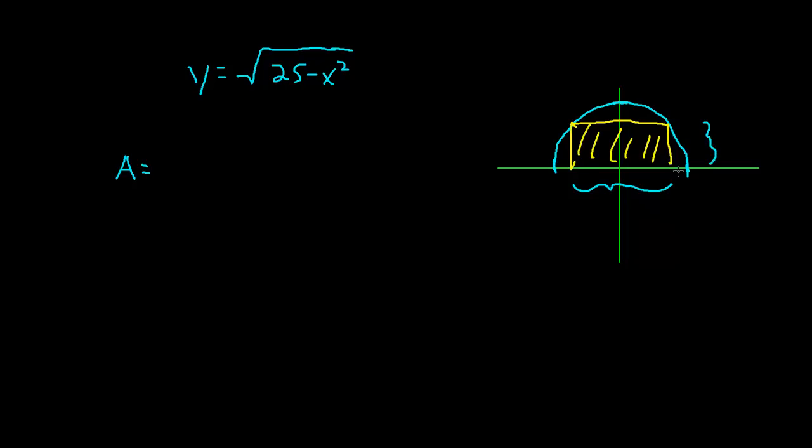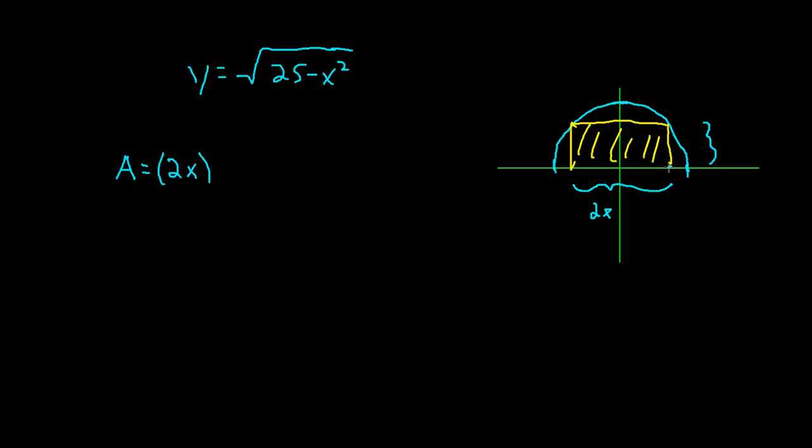Okay, well, what is this length? If this is the origin, and this is just some random point somewhere in between 0 and 5, then we can just call this x. And this distance is going to be the same, so this length is going to be 2x. So the length of my rectangle is 2x. Well, what is the height? Think about it.